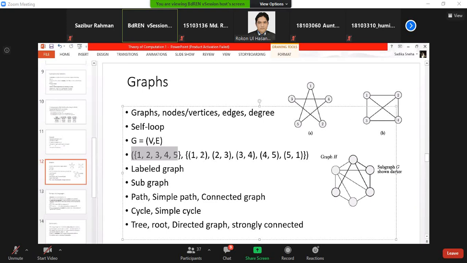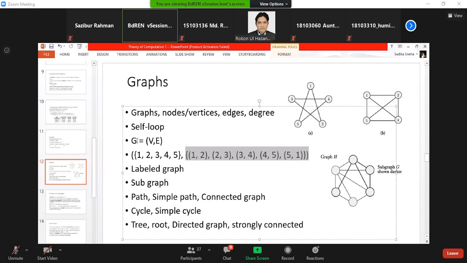The edges can be represented in the form we used for the Cartesian product. You can see 1 and 2 is one edge, 2 and 3 is another edge, 3 and 4 is another, 4 5 and 5 1 are other edges. So these are all the edges we have in the graph.